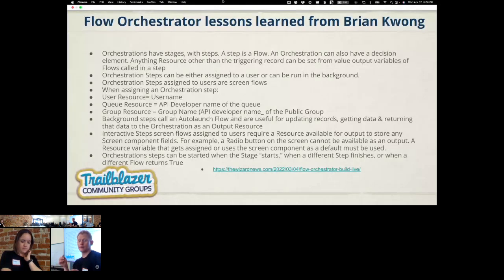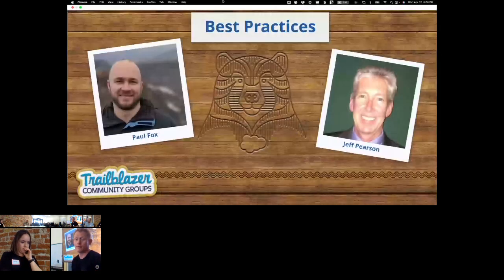But this is a great article, and he actually goes through building an orchestration live. It's a YouTube video of him going end to end so you can see everything. I don't think we'll talk a ton about orchestrations or Flow Orchestrator in this session, because you could have its own session for sure, but it's important to know that it's there as a building block, or to put your building blocks together.